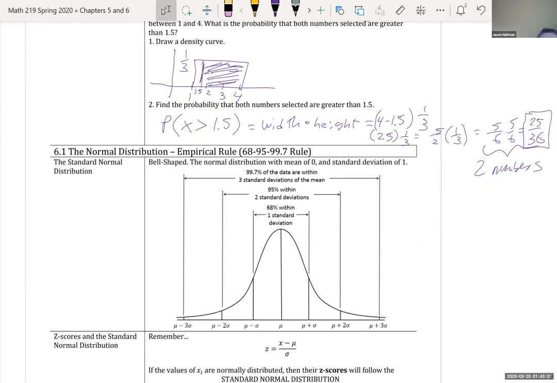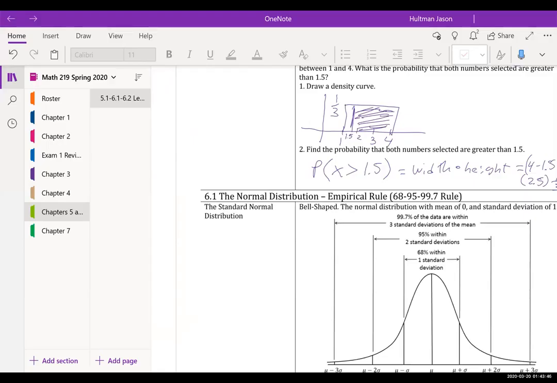Okay, we're going to move into 6.1. Professor, quick question. Yeah, sure. Why did you convert the 2.5 into a fraction? Just to make it a little easier to multiply.